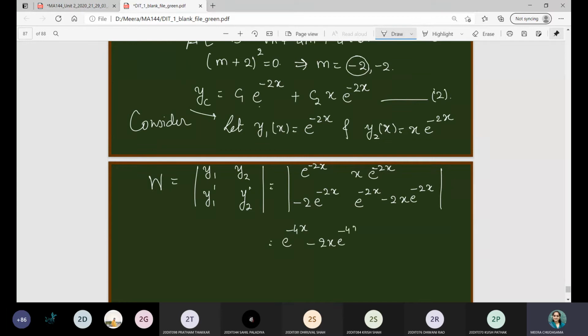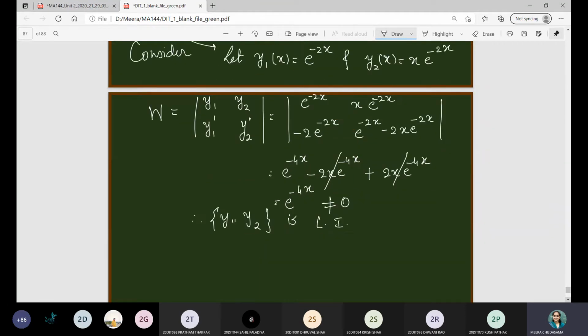That is the cross multiplication of the main diagonal, minus minus plus, and this is 2x e raised to minus 4x. So this quantity gets cancelled. This is e raised to minus 4x, which is never 0 because exponential function will be never 0. Therefore, you can write y1 and y2 is linearly independent. This set is linearly independent.